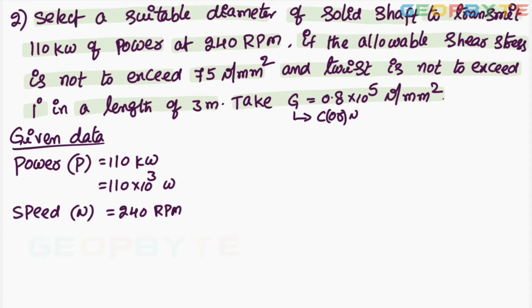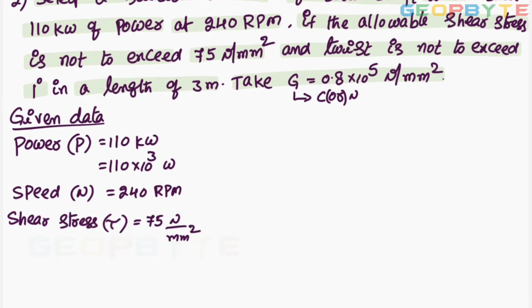If the allowable shear stress tau equal to 75 Newton per mm square, and twist is not to exceed, angle of twist theta equal to 1 degree.